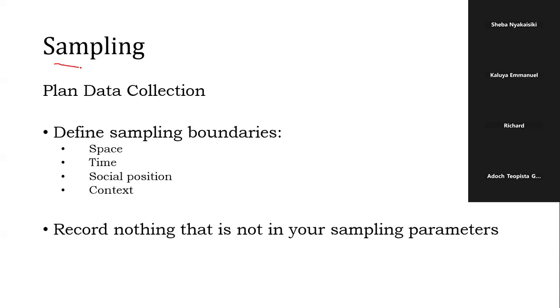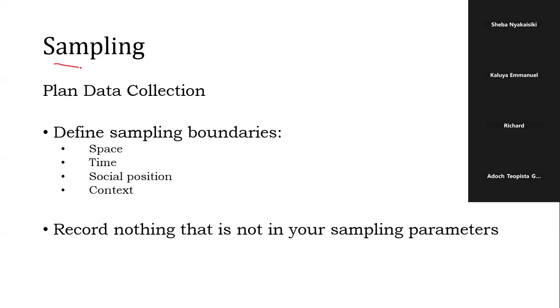I'm asking a question to the class. If I'm doing research on e-learning in a university or even in a school, will the administrative staff be part of my units of analysis or units of observation? Doctor, I think they will not be part. Exactly, they are not part of it. So they are not part of the sampling, your sampled group.